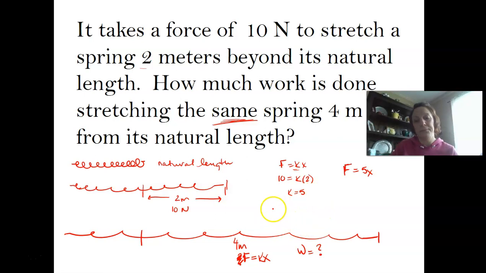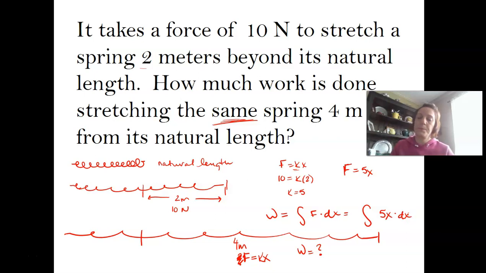So let's get it. If I want the work, I have to integrate force times tiny, tiny displacement. So in this case, my force is 5x, tiny, tiny displacement. And then I'm going from natural length, so a stretch of 0, out to 4. So for a stretch of 4. Okay.